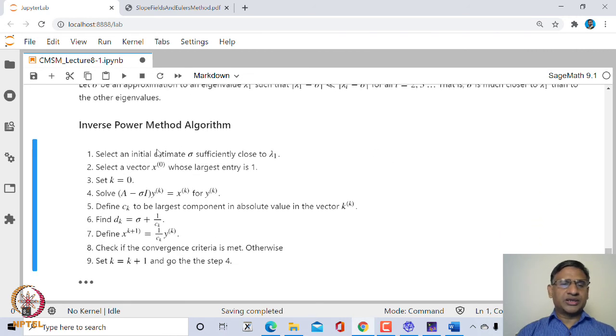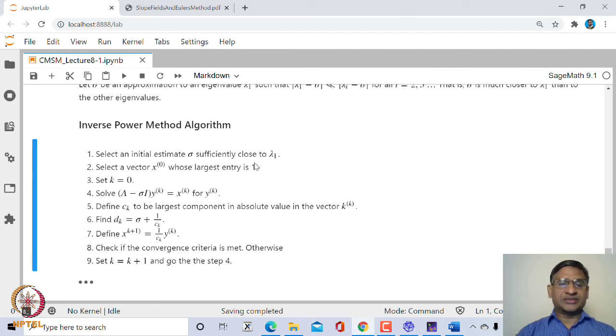Let me tell you, the inverse power method algorithm goes as follows. Start with an initial estimate, let us say sigma, which should be sufficiently close to lambda 1. Now in principle, how do we select such a thing?